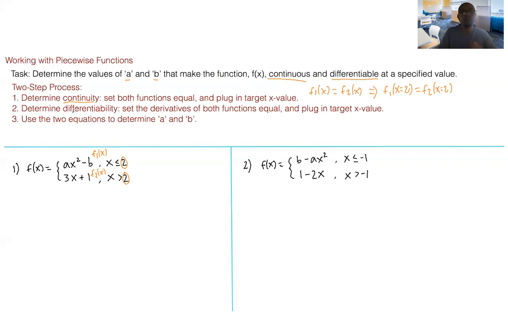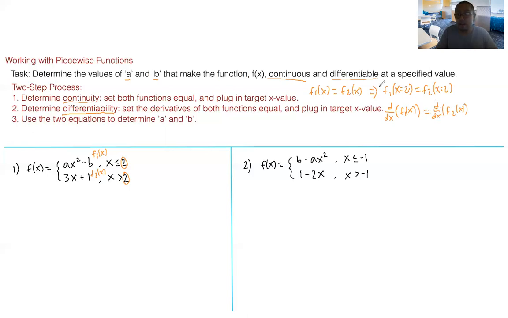This is where we will consider differentiability, or making sure it's differentiable, okay? And so to do that, very similarly, instead of setting the functions equal to one another, we're going to set their derivatives equal to one another. So the derivative of f1 of x, we're going to set that equal to the derivative with respect to x of f2 of x.